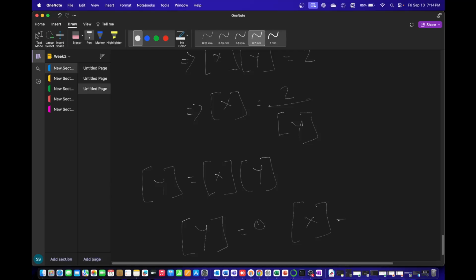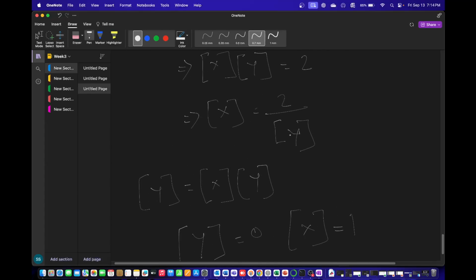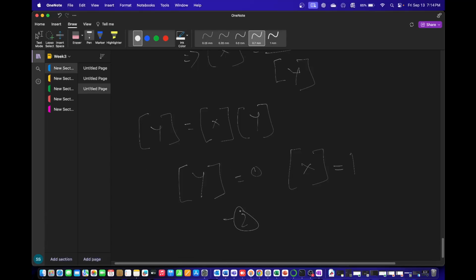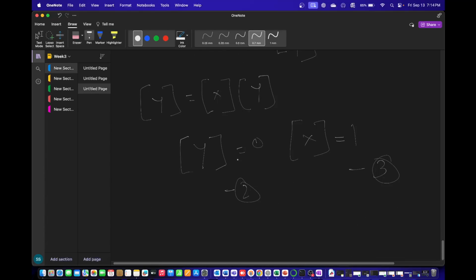So you have three equations primarily. One is this, two is this, three is this. So this will be a hyperbola. xy equal to constant is a hyperbola, and it's a positive hyperbola. And y equal to 0 is the x-axis, and x equal to 1 is parallel to the y-axis, right?